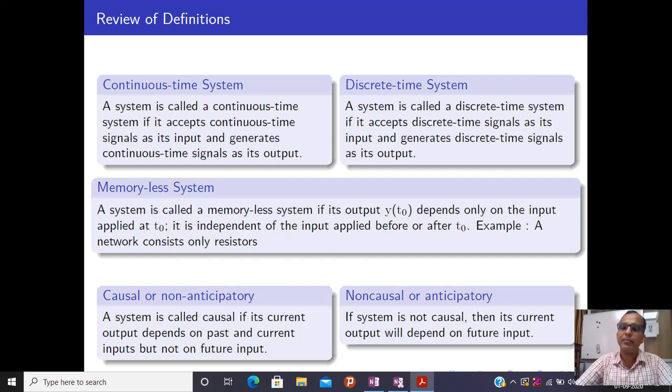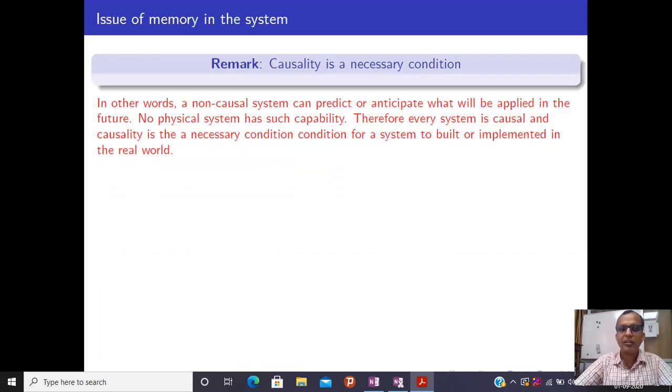Somehow that belongs to this class, the non-causal class of systems. So now what we have seen is that causality is a necessary condition. Why are we telling that this is a necessary condition?